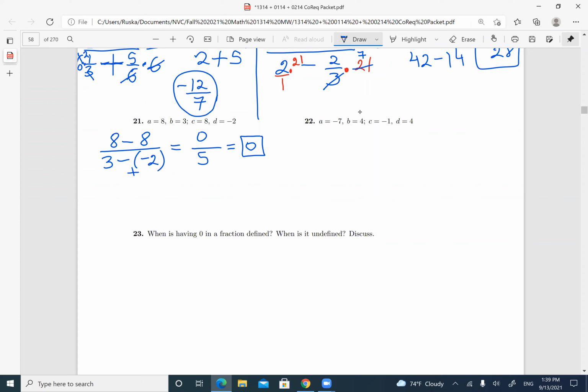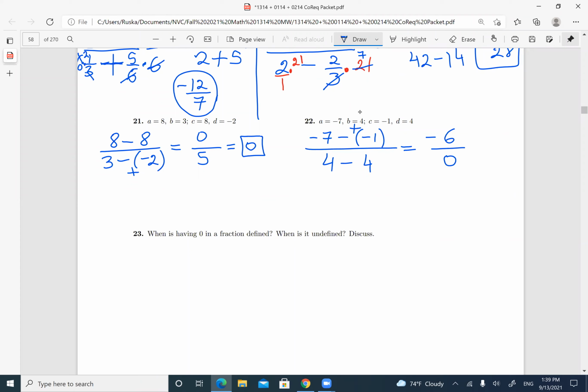Okay, let's do the other one. We have a minus c, so it's negative 7 minus negative 1. Again, negative gives me plus 1, right? Over b minus d, which is 4 minus 4. So what do we have in the top? Negative 7 plus 1 is negative 6, and we have 0 in the bottom.